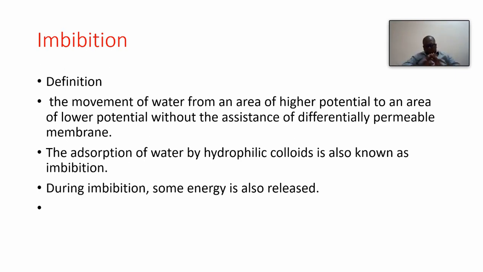So now imbibition. It is also diffusion. All three are diffusion: diffusion, osmosis, and imbibition. It takes place from higher concentration of water to the lower concentration. Here, can anyone read the definition?